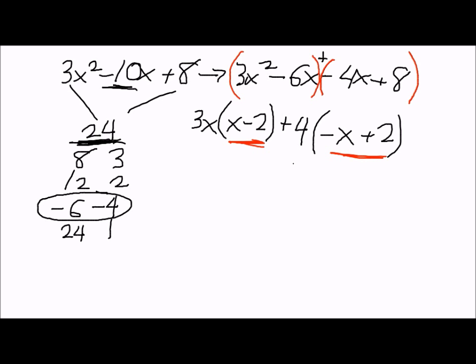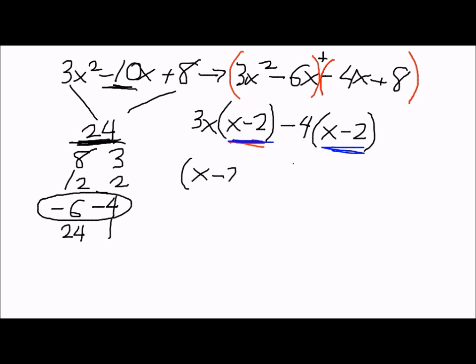So let me just rewrite this. Pull out a negative 4, and that leaves behind an x minus 2. Because this only works if this set of parentheses looks like this set of parentheses. Then we could rewrite it with the repeated parentheses, and then what's outside of it? 3x minus 4. And that's it.